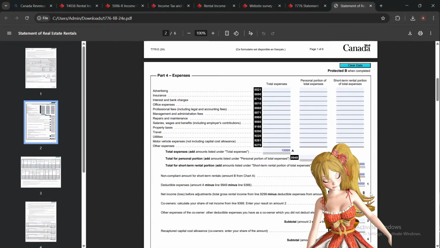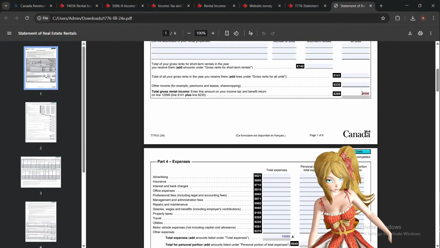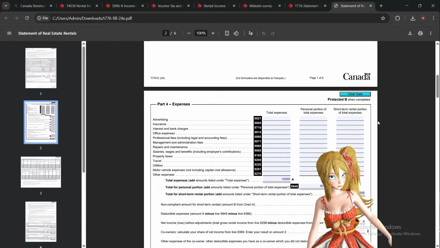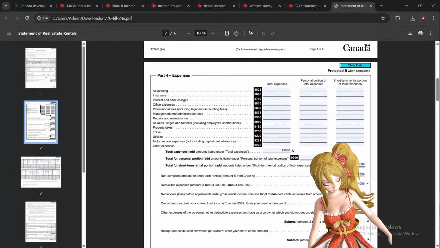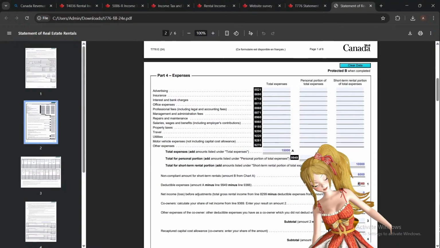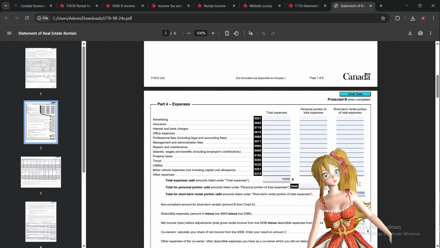Why does it always add up to zero? Clearly I earned 4,000. I lost 6,000. Then, what? This doesn't make sense. It doesn't make sense.